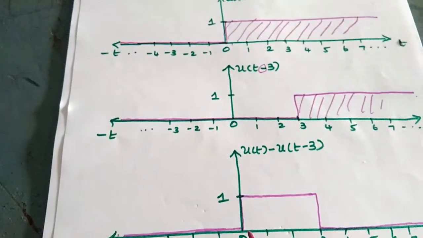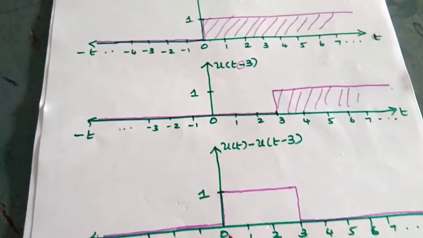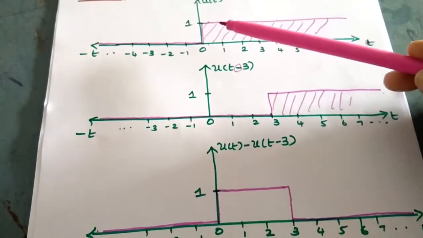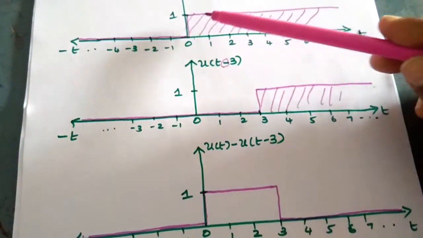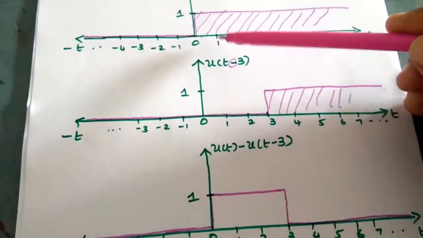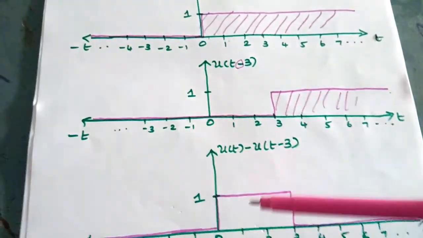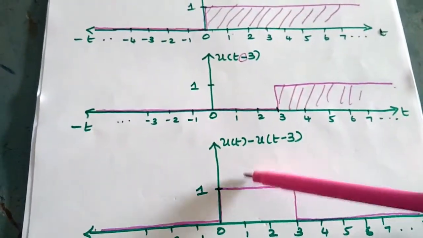Are you able to see this? Yes. Till 0 the amplitude value is 0. But whenever time t is equal to 0, u of t has the value 1 and u of t minus 3 has the value 0. So 1 minus 0, 1. At time t equal to 1, it has 1, and here it is 0. So 1 minus 0, 1.